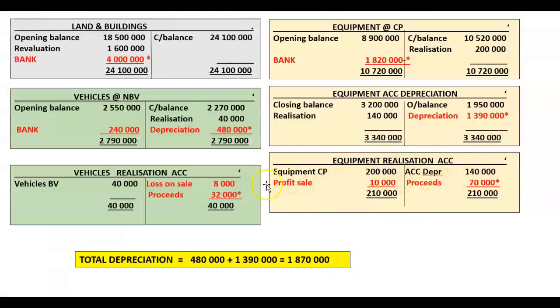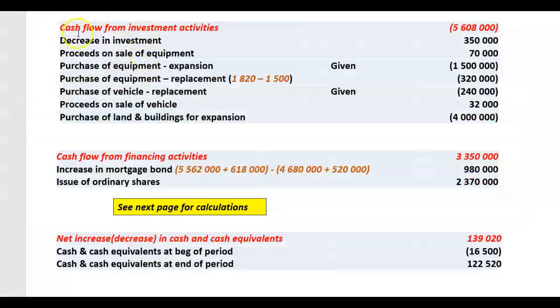So in our realization account, profit on the sale, 10,000 Rand. We balance this account off and we see that there is going to be proceeds that we've received of 70,000 Rand on the equipment. Take that proceeds and we're going to dump it immediately in our cash flow statement. Proceeds on the sale of equipment, there it is, 70,000 Rand.